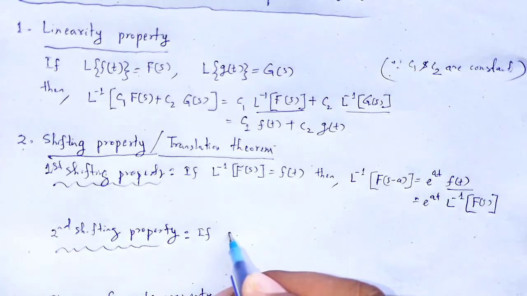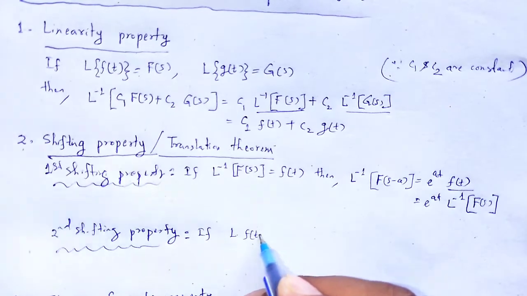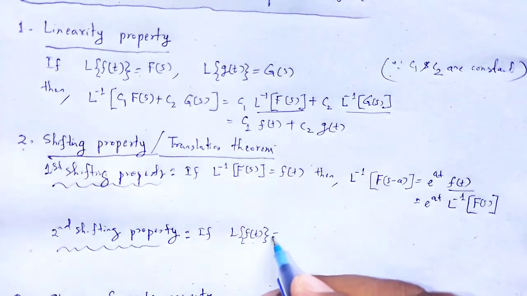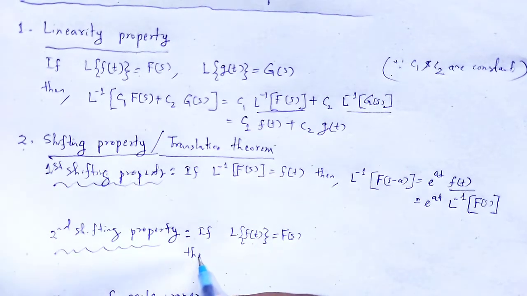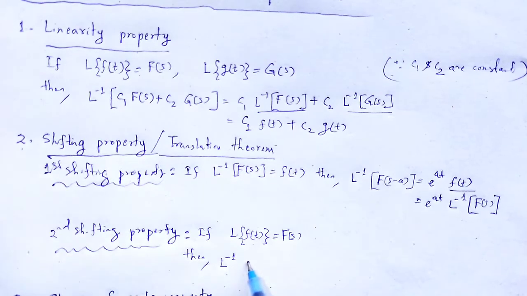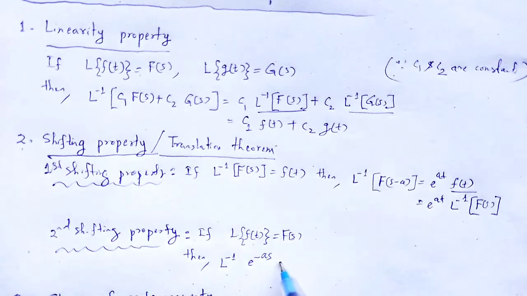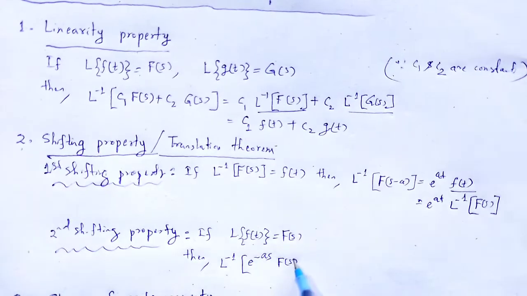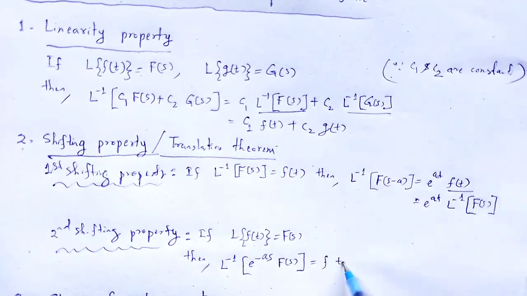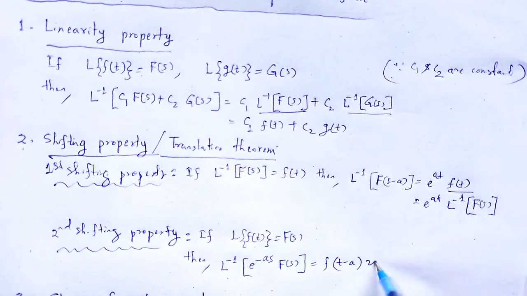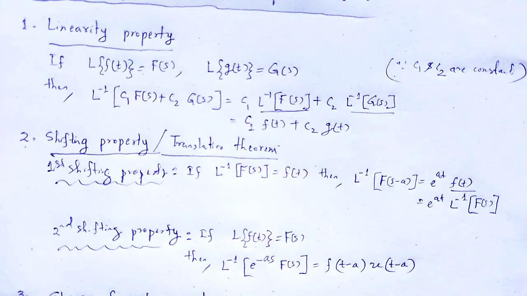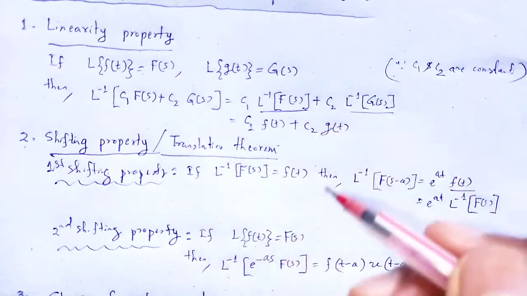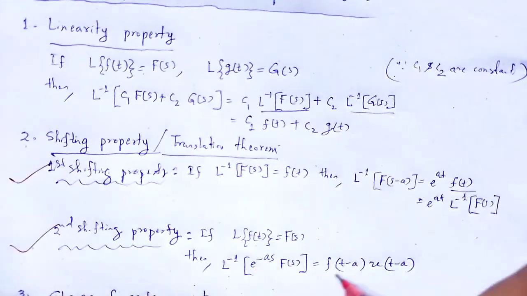If Laplace transform of f(t) is equal to F(s), then inverse Laplace transform of the function e to the power minus as into F(s) is equal to f(t minus a) u(t minus a). These two are the shifting property or translation theorem in case of inverse Laplace transforms.